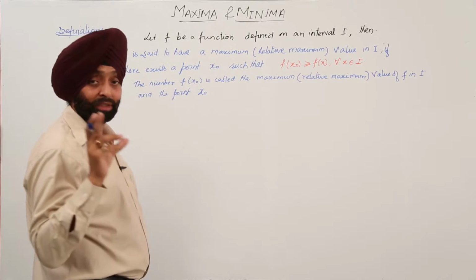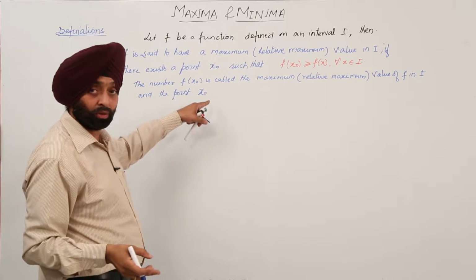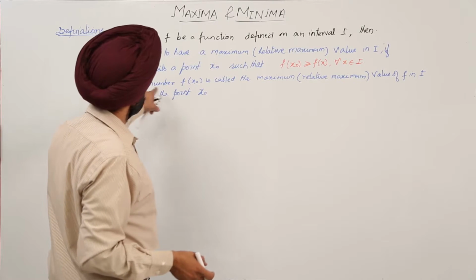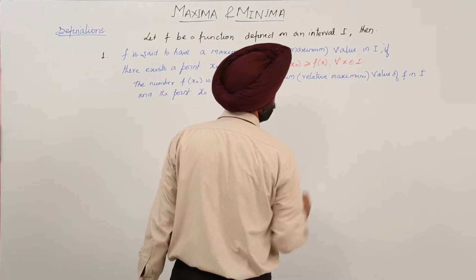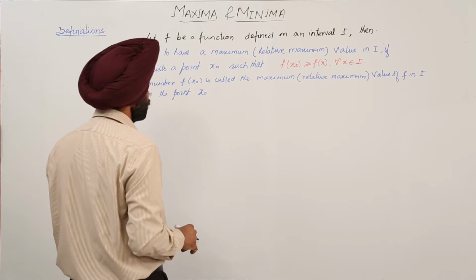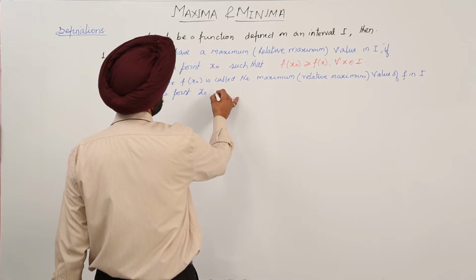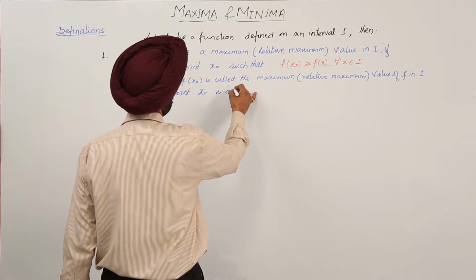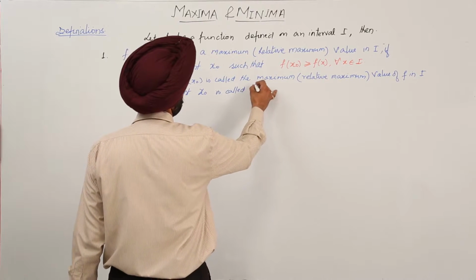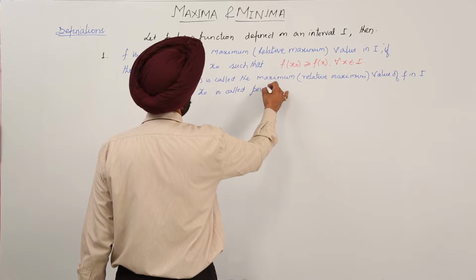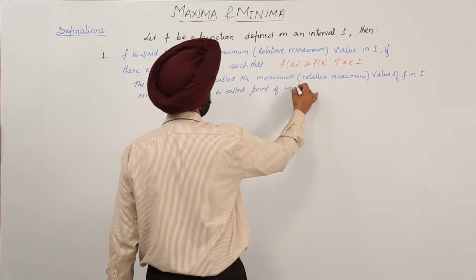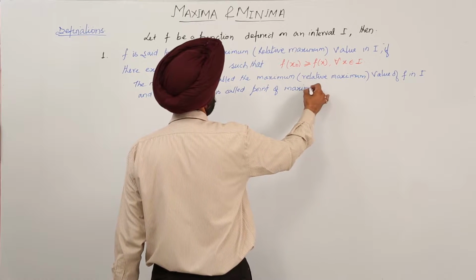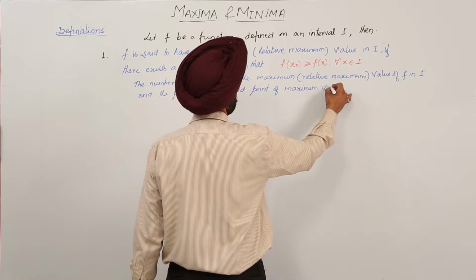Now remember, there is a difference between f(x0) and x0. So the number f(x0) is called the maximum or a relative maximum value of f in I, and the point x0 is called the point of maximum value in I.